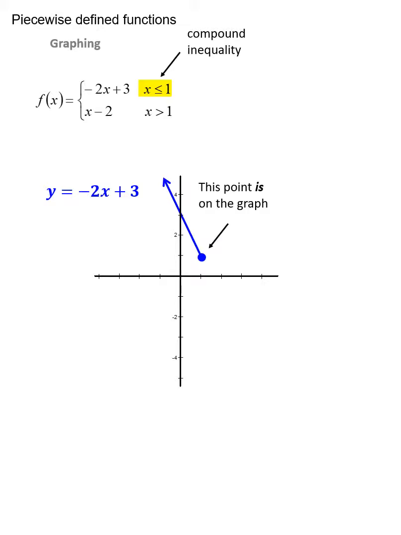If a solid dot means this point is on the graph, then why don't I put a solid dot here? That point is on the graph. This point is on the graph, as is this one and this one. There are a lot of points on this graph. And why don't I have solid dots there? It wouldn't be wrong to do that.